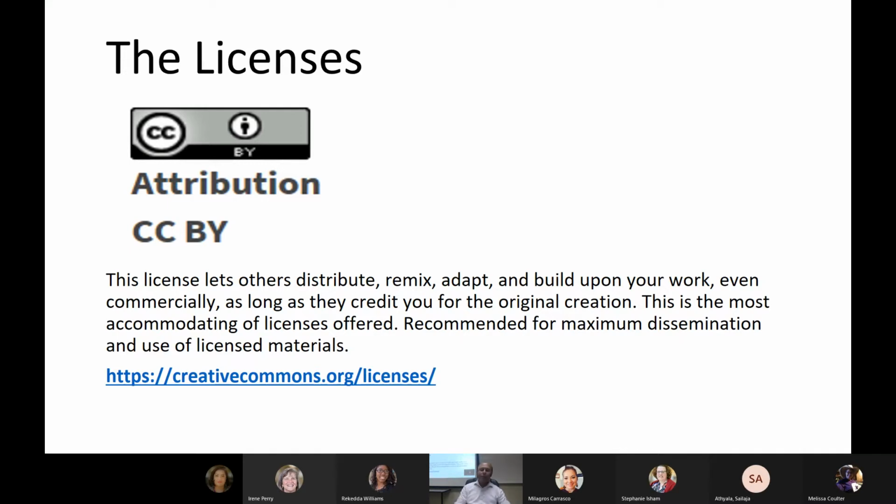So anytime you see CC BY at the end of an open educational resource, you are free to use, remix, adapt, rebuild, and redistribute all this material. This is the very common CC BY attribution for open educational resource material.